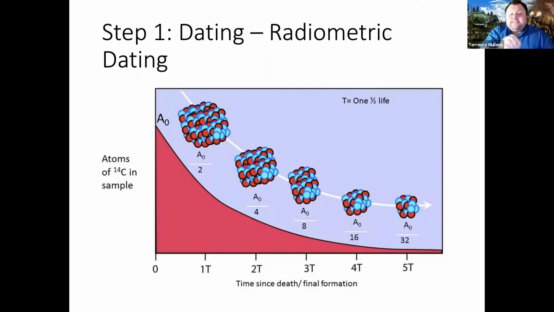And this goes into what's called exponential decay. So first it's all of it, then it's half, then a fourth, then an eighth, then a 16th, then a 32nd, then a 64th. If you've ever played the game 2048, you kind of know where this is going.